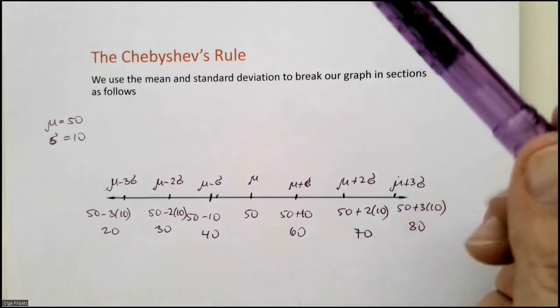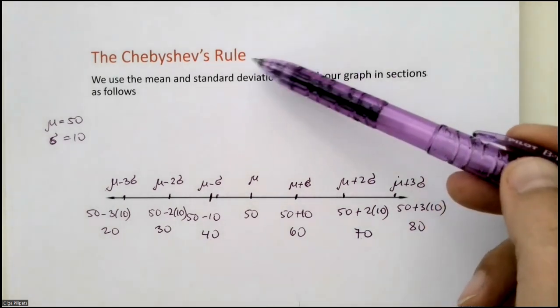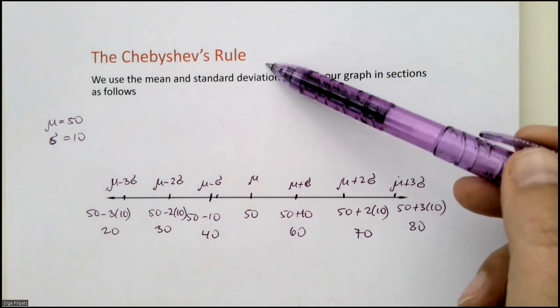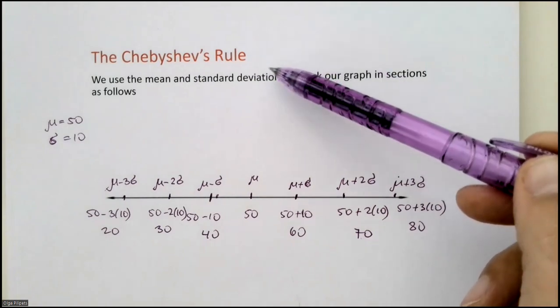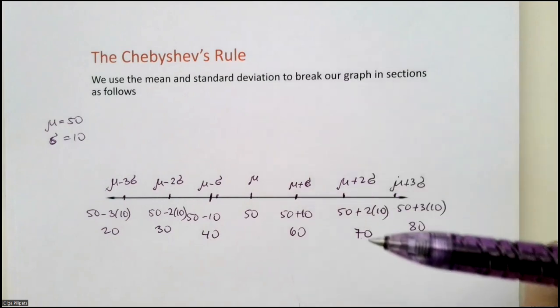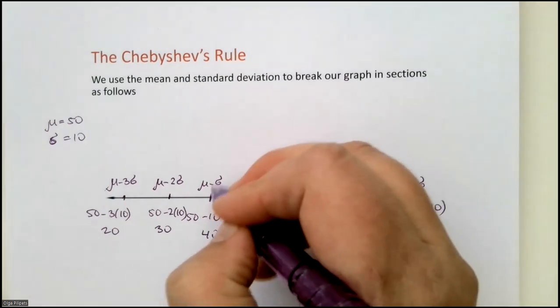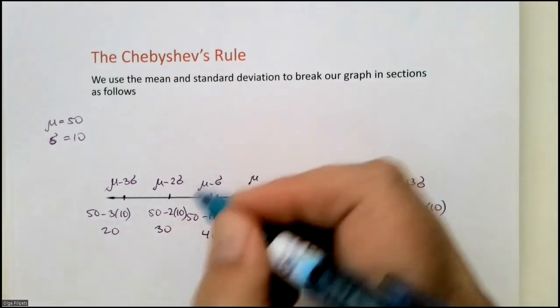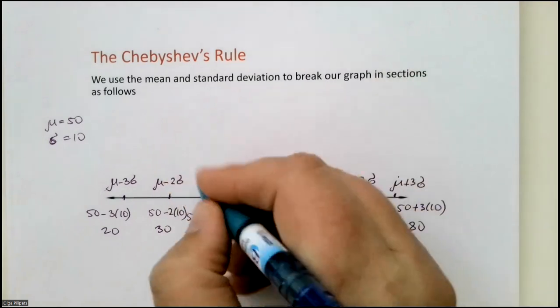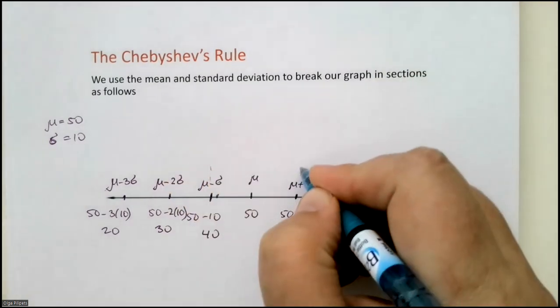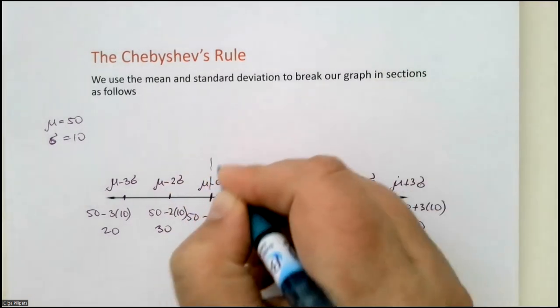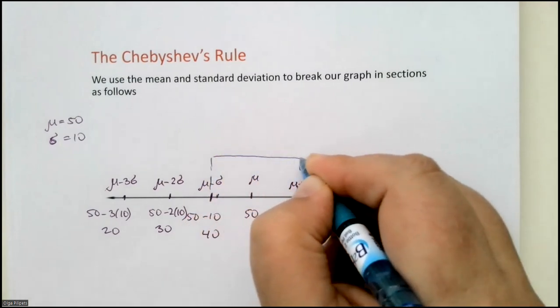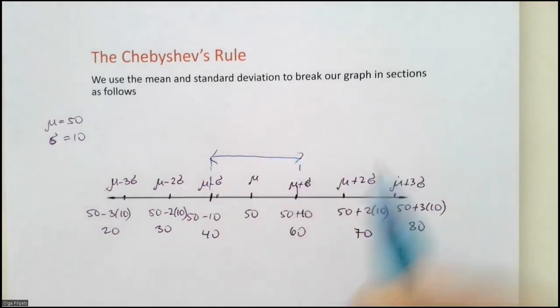And there was a Russian mathematician. His last name was Chebyshev, who came up with this rule that says that if we look at any data set, then we're going to have a certain amount of data within one standard deviation from the mean, right here.